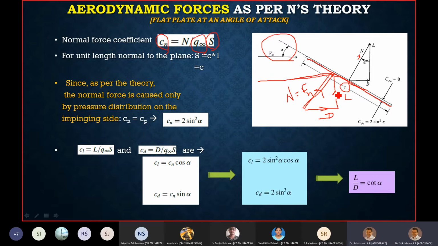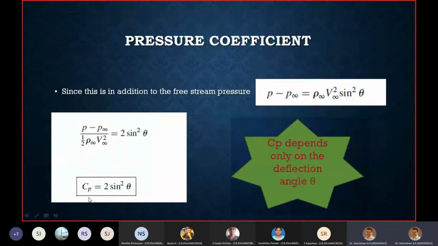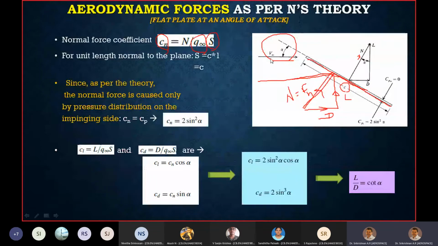So the coefficient of normal force is equal to Cp, which we can write as Cn equals 2 sine squared alpha. That's because we have already derived the expression for Cp, 2 sine squared theta, where the angle is the angle of inclination.